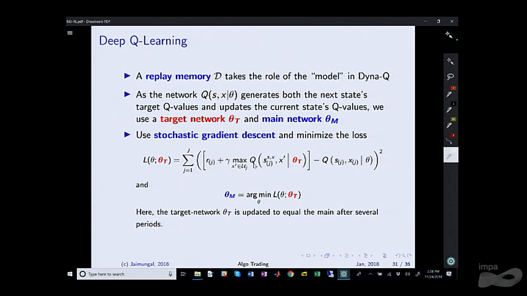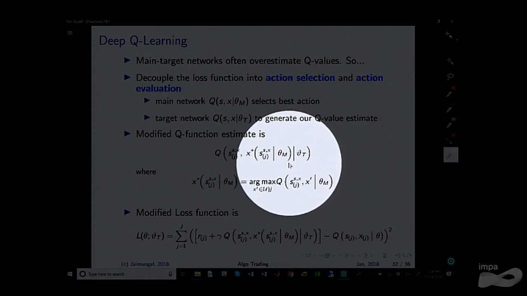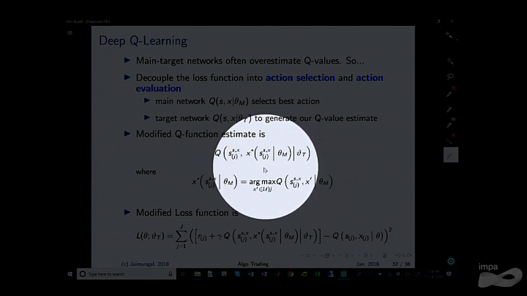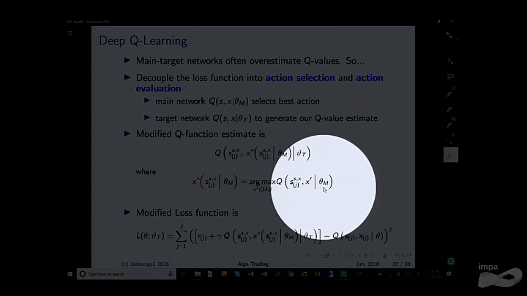That's what we were always doing. Instead, what we're going to do is choose this optimal action to be given by the optimal action dictated by your current model.